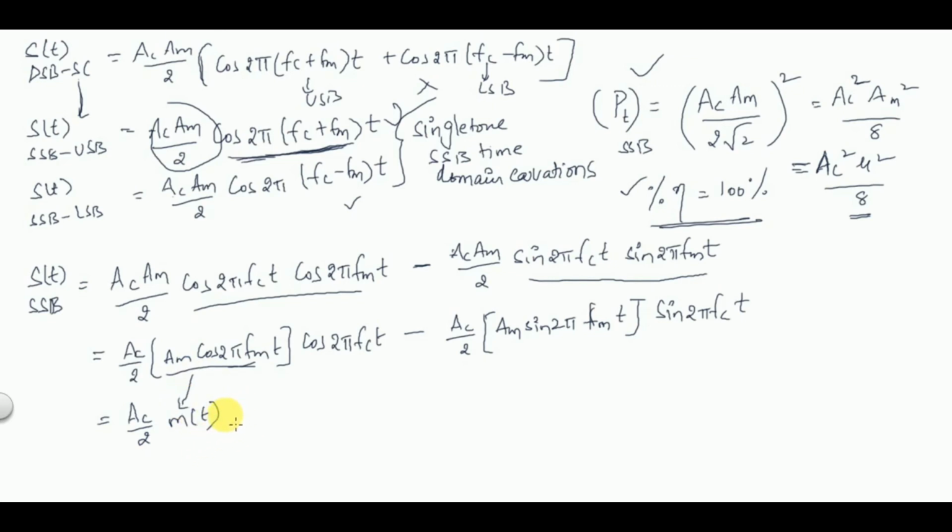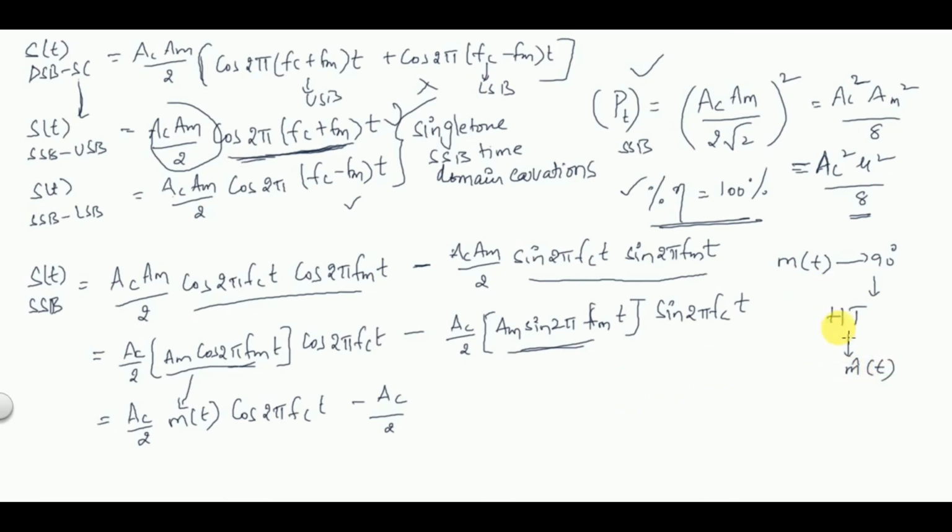Ac by 2 m of t into cos 2 pi fc t, minus Ac by 2 into, so what is this? This is the 90 degrees phase shifted version of m of t. The 90 degrees phase shifted version of m of t is given by the Hilbert transform, and it is represented by m cap of t.